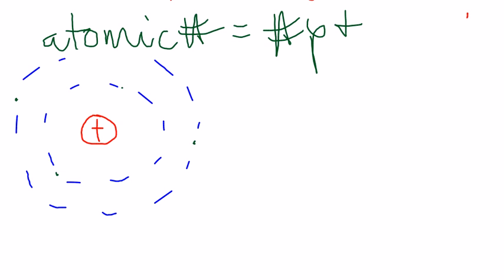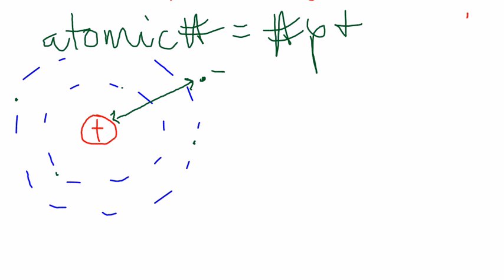Got the positive nucleus, and what we're talking about is the ability of an atom to attract an electron into it. So say you've got an electron flying around out here, and we're asking, will the nucleus exert electromagnetic attraction on that electron such that the electron will get drawn into the atom? Hopefully it's obvious why atomic number, also known as number of protons, plays a role here.